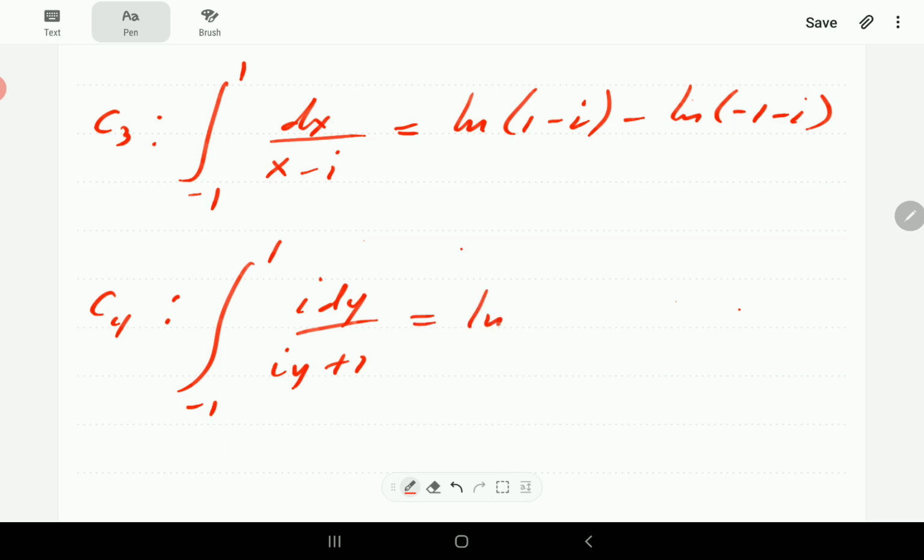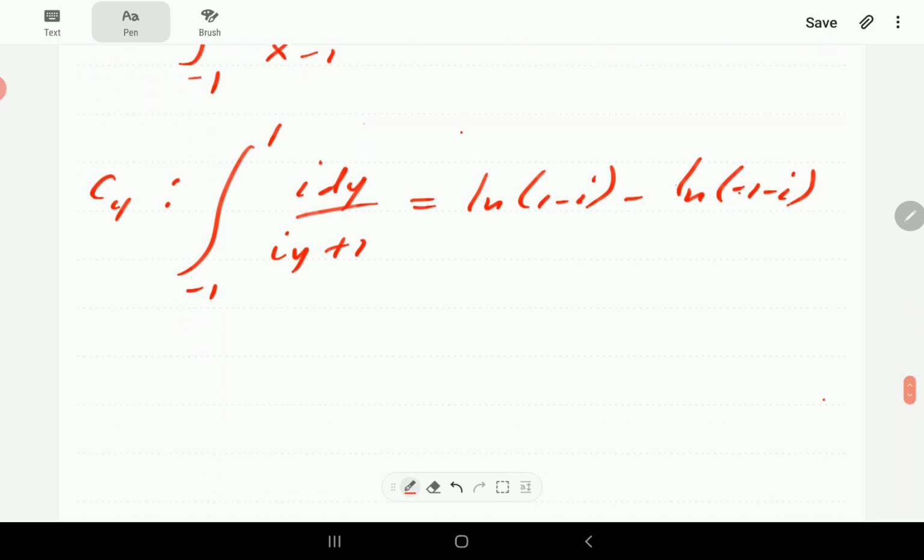We evaluate, we get ln of 1 minus i minus ln of minus 1 minus i. And so the integral of dz over z around C, we're going to have to add all 4.